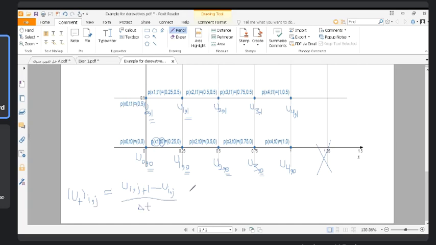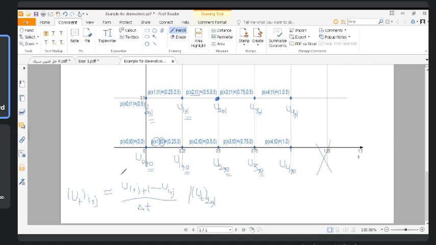For example, we want to compute u respect t at 2 and 1. Which point is 2 and 1? This point is the point with x2 and t1.